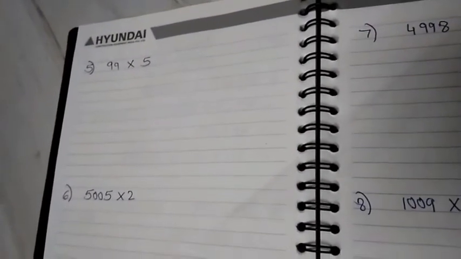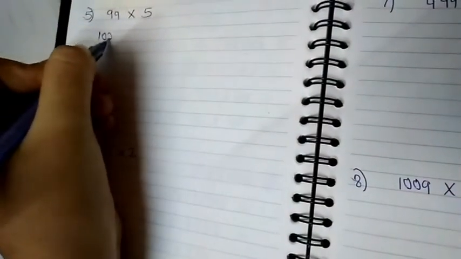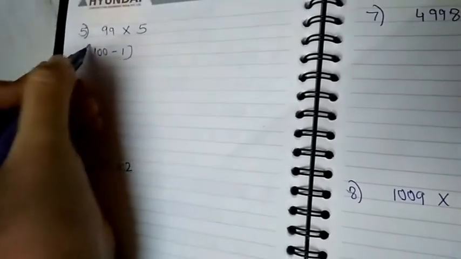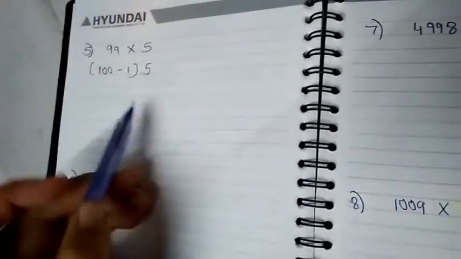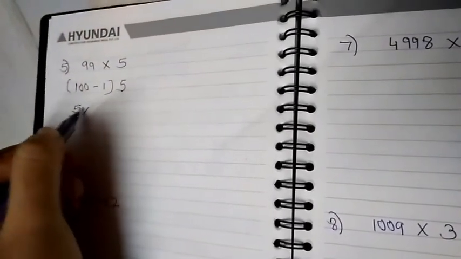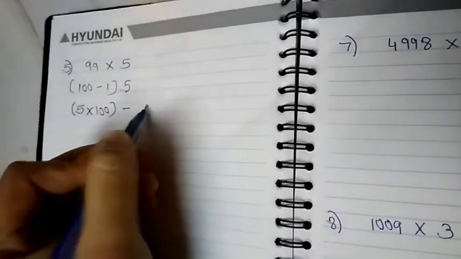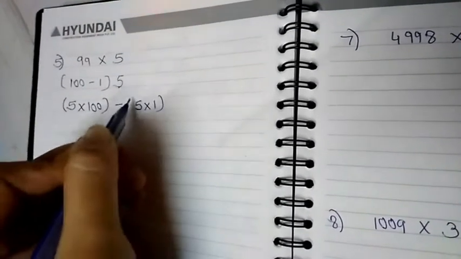Question number 5. 99 multiplied by 5. Again here, 99, we know that it is 100 minus 1. So what we will do? We will distribute this 5 to both. So 5 multiply 100 minus 5 multiply 1.